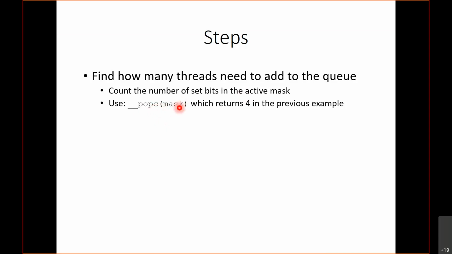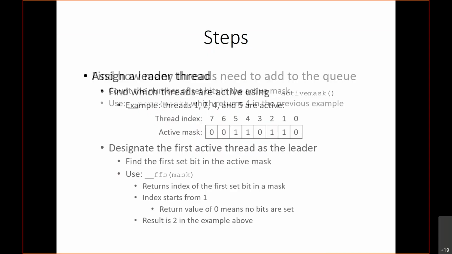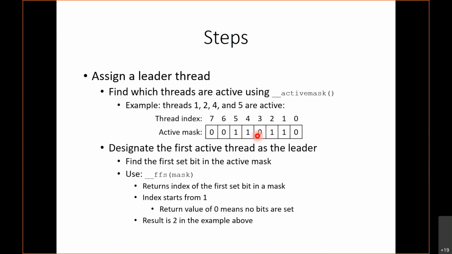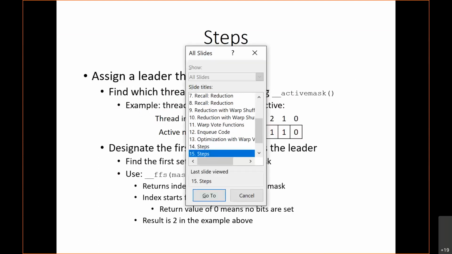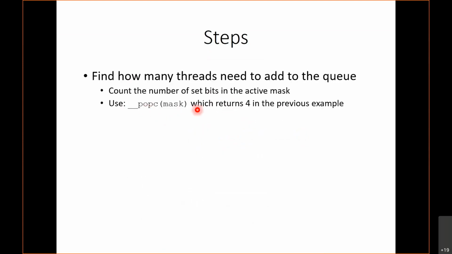In the previous example, if I call POPC on this active mask, it's going to give me 4 because there are 4 bits that are set. In general, POPC will give me however many bits are set, and that's the number of threads that are active, which is basically the number of elements that I would like to reserve in my queue.